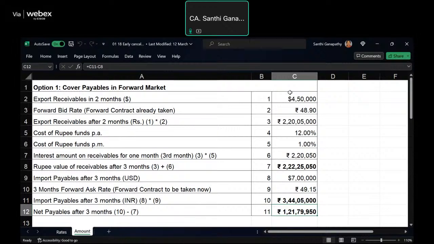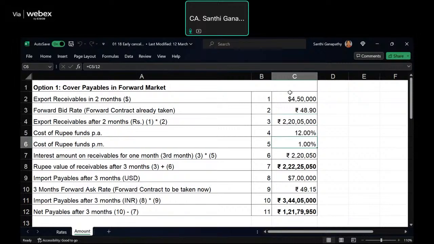We have an export receivable in 2 months. Receivable, therefore we are selling, bank is buying, bid rate is applicable, for which contract is already taken. So what is the amount you will get in INR? You need this money only in 3 months' time when you want to make the payable.